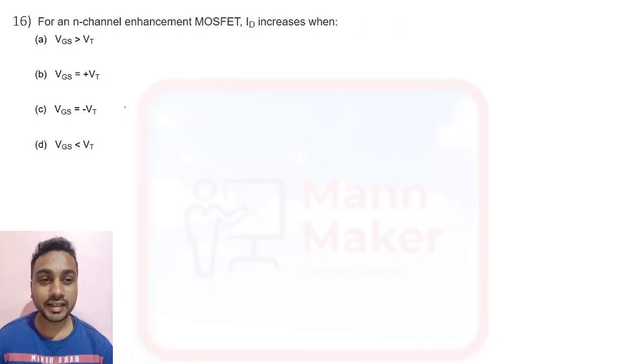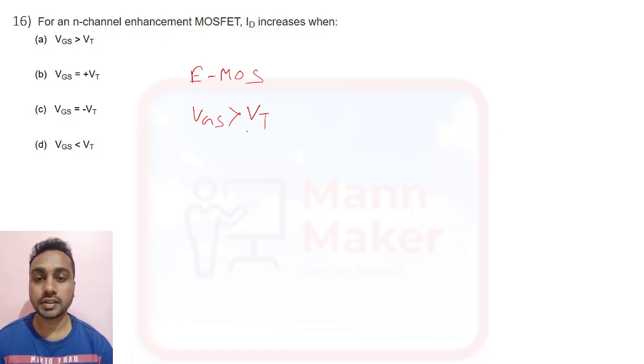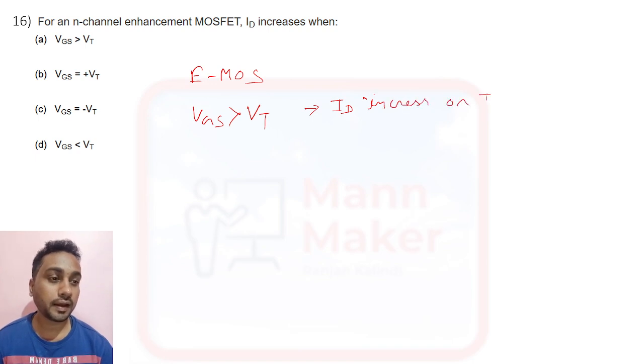For an N channel enhancement MOSFET, ID increases when? There are two conditions for enhancement MOSFET, EMOS. When VGS is greater than VT, meaning gate to source voltage is greater than threshold voltage, then ID will increase, or we can say ID is greater than 0.